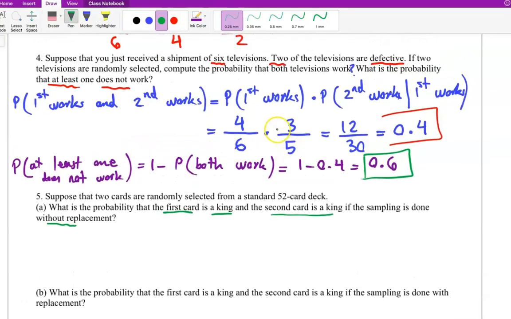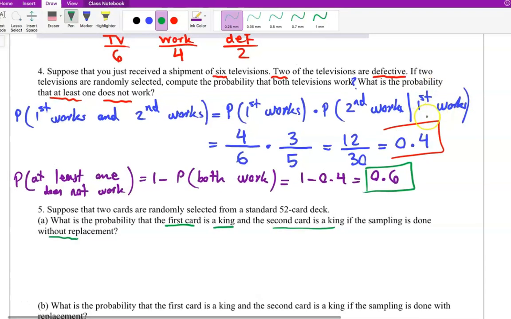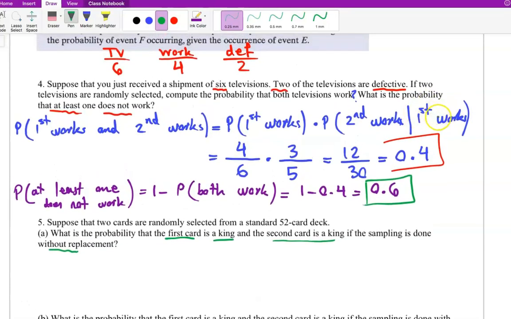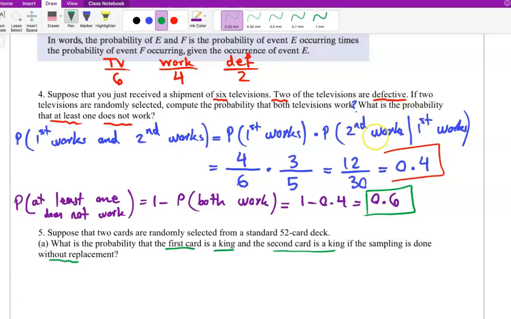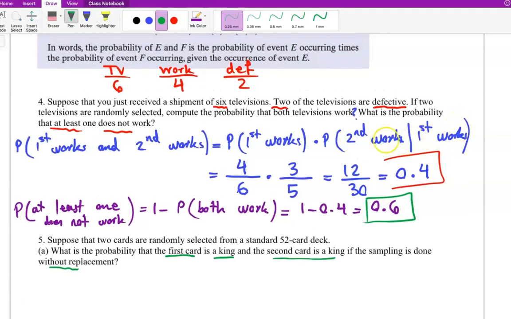Without replacement means when I had that first TV, I didn't replace it in the sample space and then try to choose the second TV. When you pick that TV, you only need to subtract 1 from your sample space, and then choose the second TV.